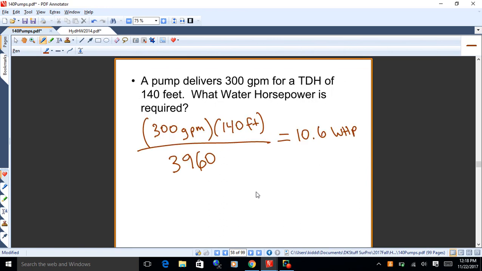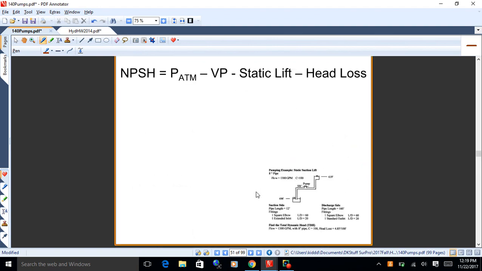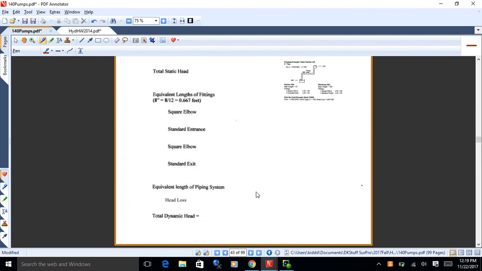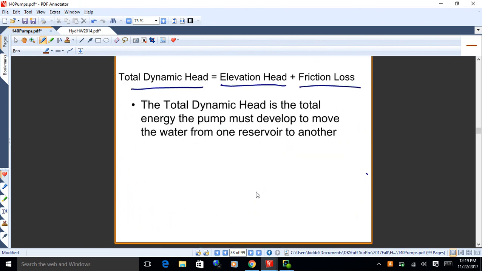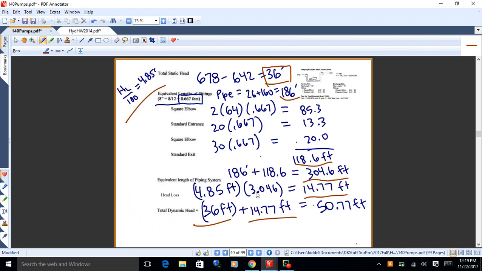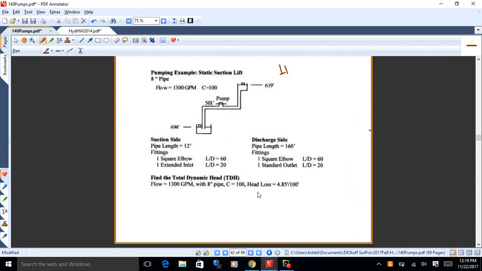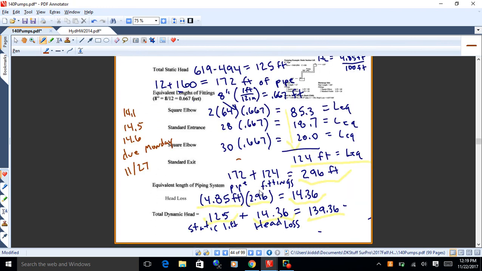All right, why don't we find the water horsepower for the static lift pump that we analyzed earlier. Here's the static lift pump.